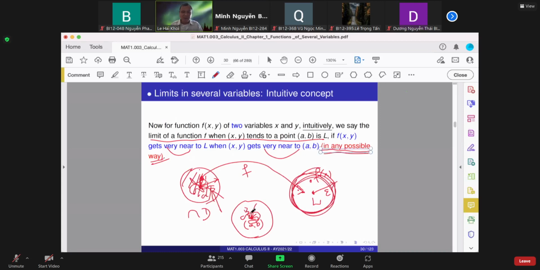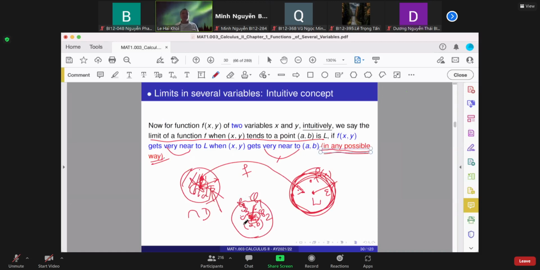But in any way you let x, y approach a, b, you always have this situation: the image of all x, y on each way is always in this. So regardless of the manner in which x, y approach a, b, the same result. But if you think you have three ways, you can call this straight line C1, this curve C2, and this zigzag C3.